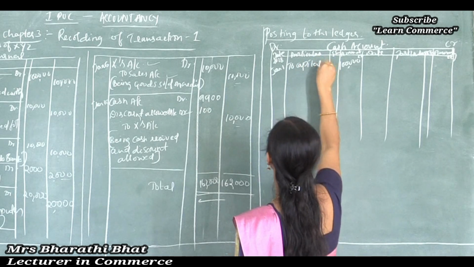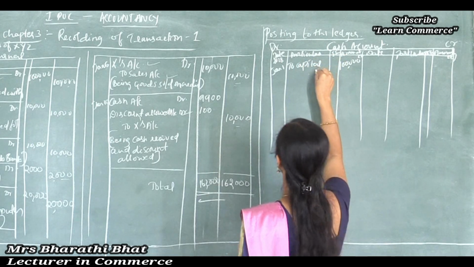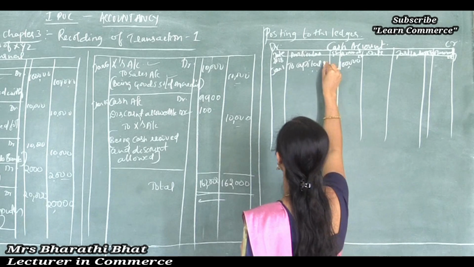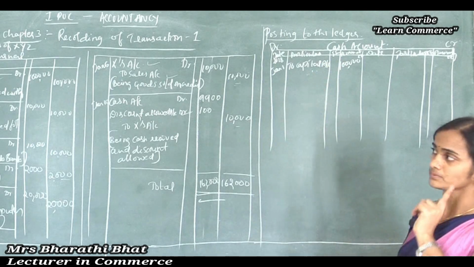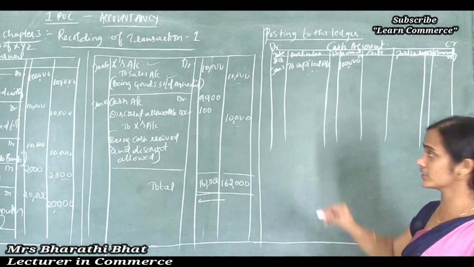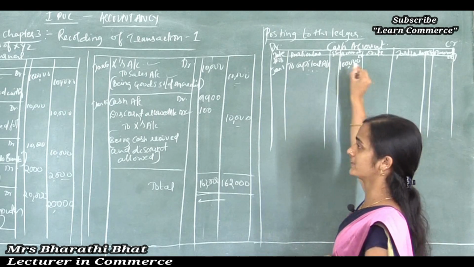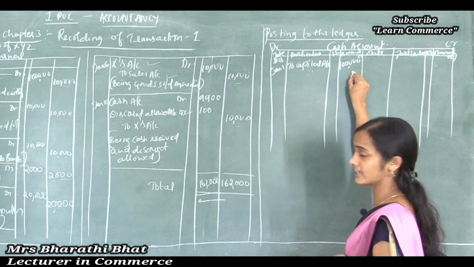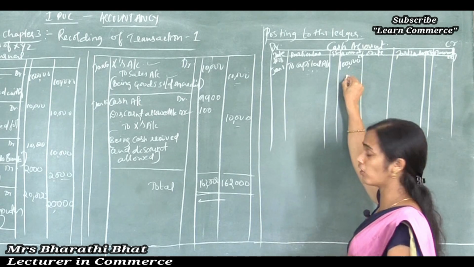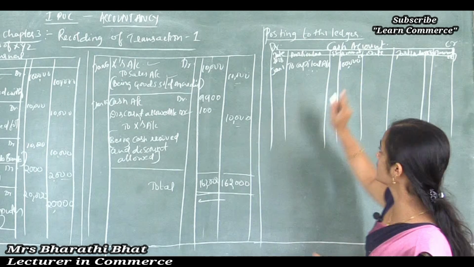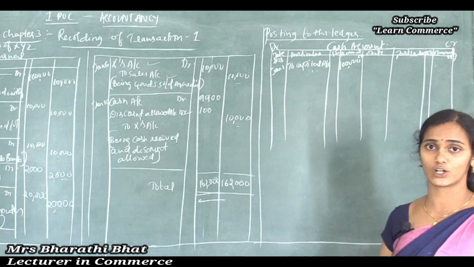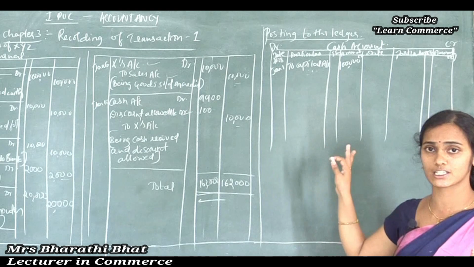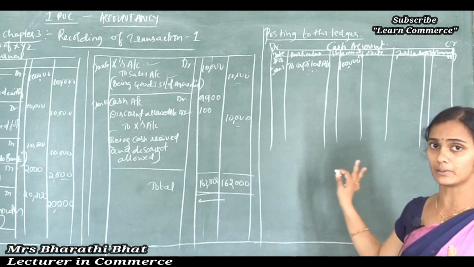We cannot write cash again in the cash account. So to capital account. Cash is affected by this capital account. So near to cash, capital account is there. So just write to capital account and write the amount 1 lakh in the amount column, debit side. Clear? So now just by seeing this ledger, cash account to capital account, we can easily pass the journal entry just by seeing this ledger account. Getting my point?